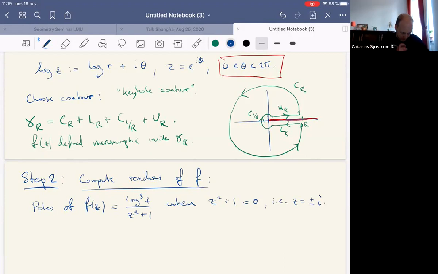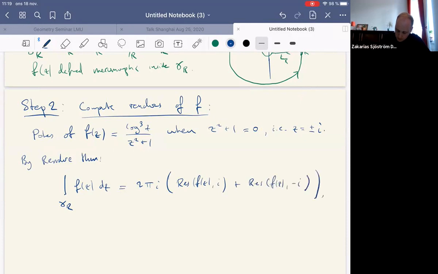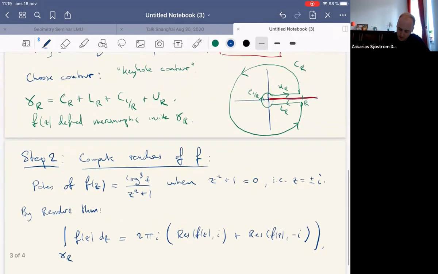And this means that by the residue theorem, so I always like to recap along the way to know where we are, the integral along all of this curve, gamma R, of f of z dz, is just 2 pi i times the sum of the residues: the residue of f in i plus the residue of f in minus i, because both i and minus i are inside here, right?